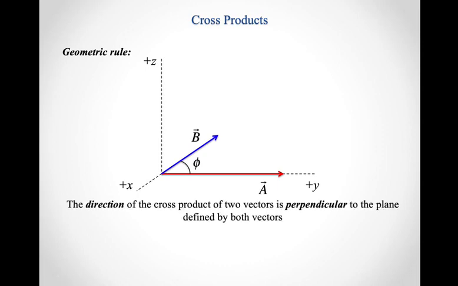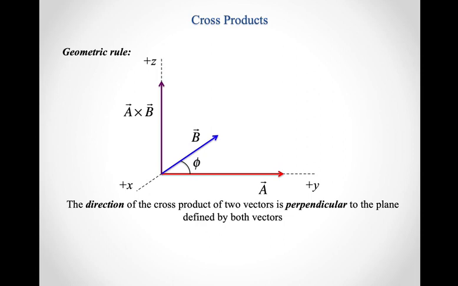And so the first thing I know is that the direction of the cross product of two vectors is perpendicular to the plane defined by both vectors. Well, here, my vectors A and B lie within the xy plane, which means that their cross product has to lie along the z-axis. And in this case, A cross B points in the positive z direction.